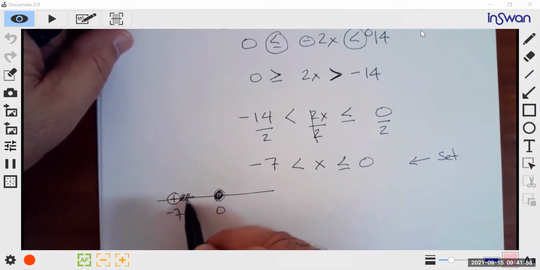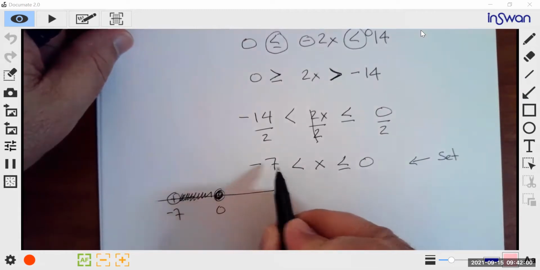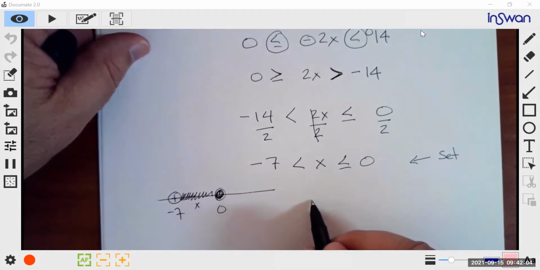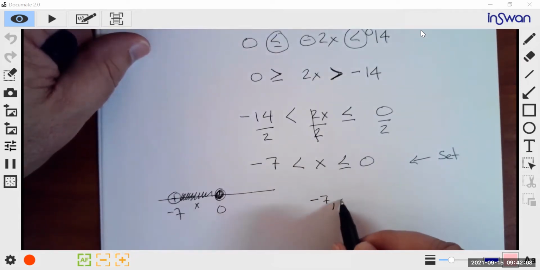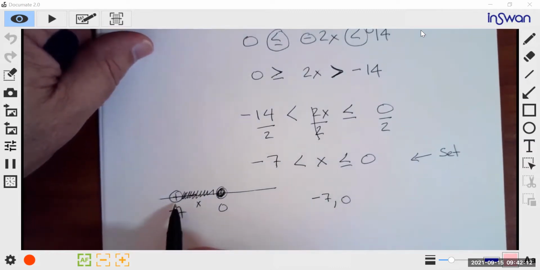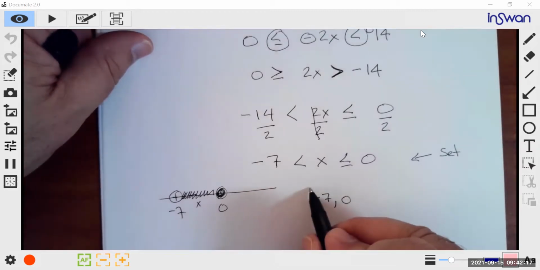So x is between here. It's greater than -7 and less than 0. There's my x. So the interval notation is between -7 and 0. Open means what kind of parentheses, right?